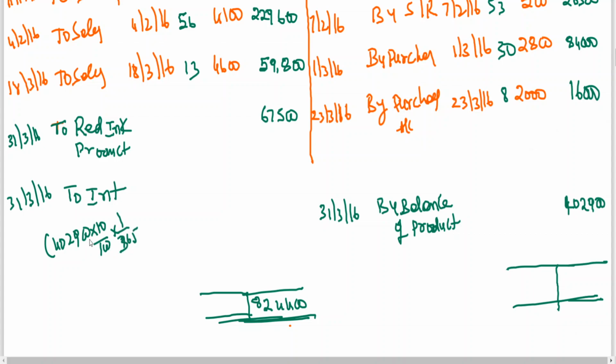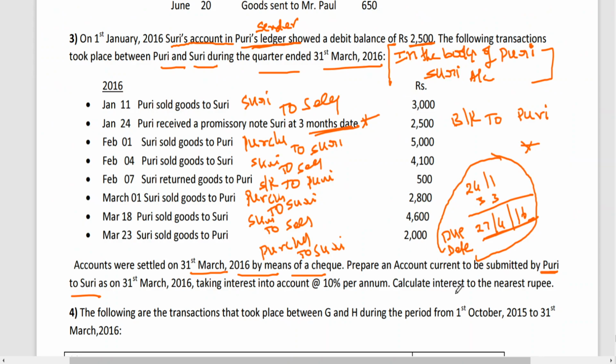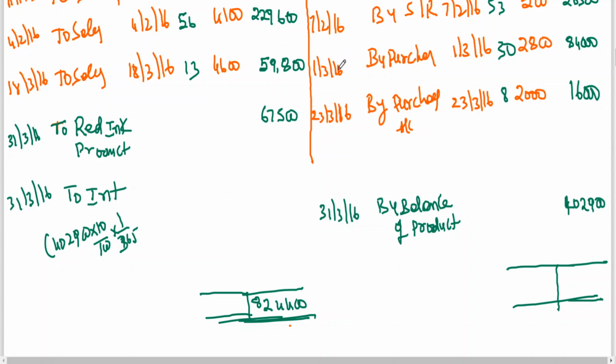So 4,02,900 into 10%. You are getting 110.38. In the problem he has given to calculate interest to the nearest rupee. So 110.38 means I am writing 110 rupees in the amount column, to interest.